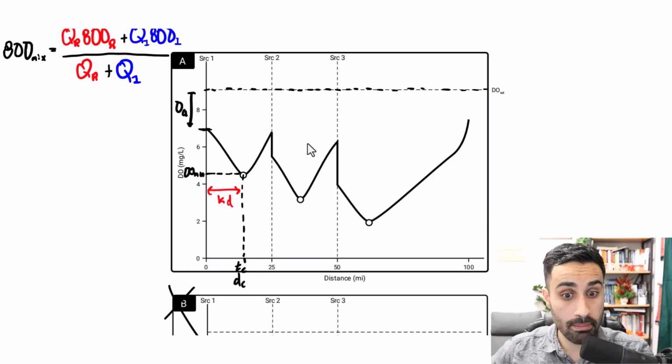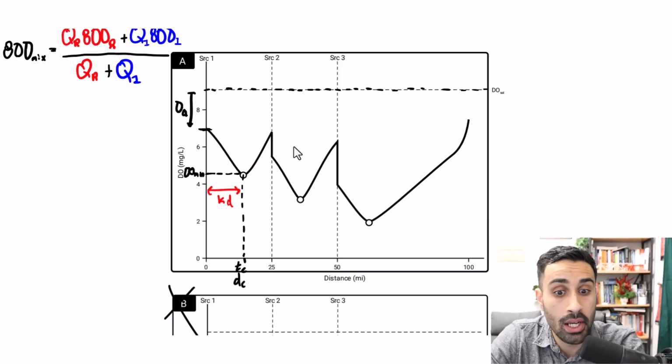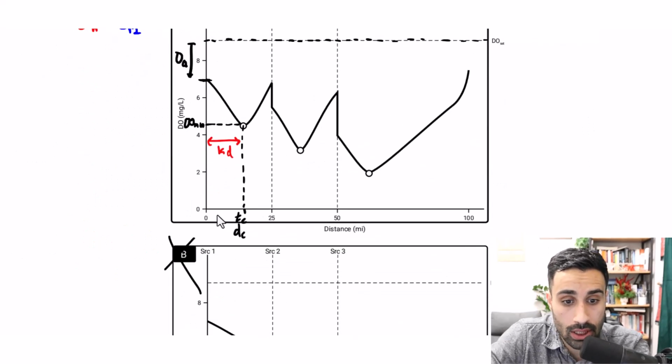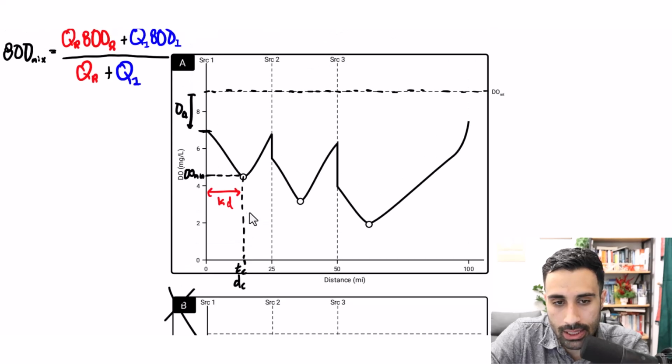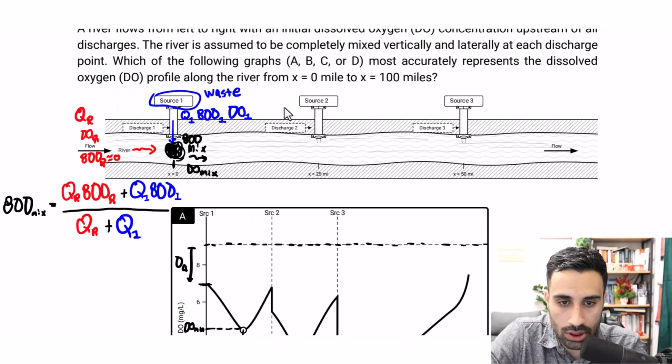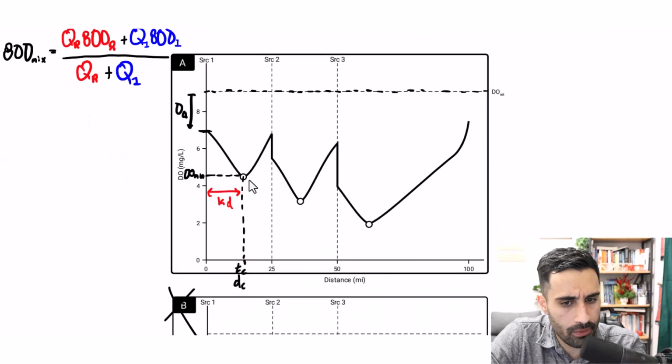But notice something happens. It goes back up. So it does go back up around, let's say we're 25, let's say close to the 20 miles, 19, 18 miles. So somewhere here, that BOD will be less, and the river actually gets recharged.